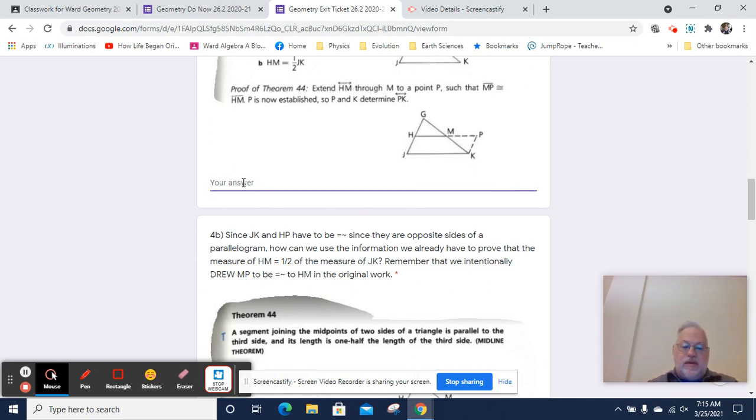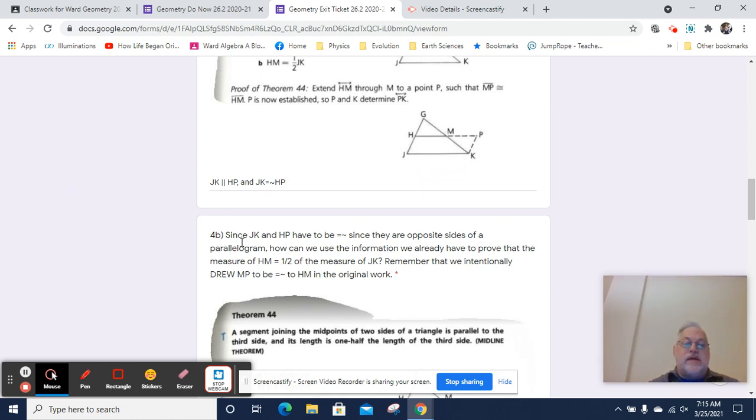So JK is going to be parallel to HP. But since they're opposite sides of a parallelogram, we can say JK is congruent to HP. So this here is congruent to this.